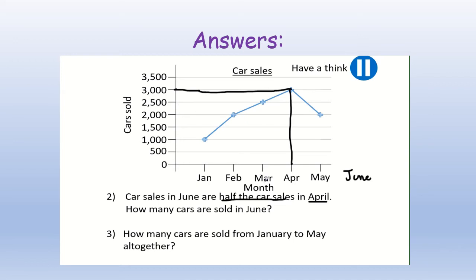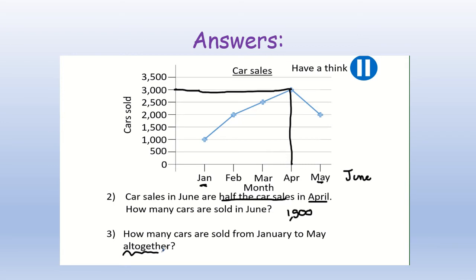So half of 3,000 will tell us how many were sold in June. And that would be 1,500. Excellent.